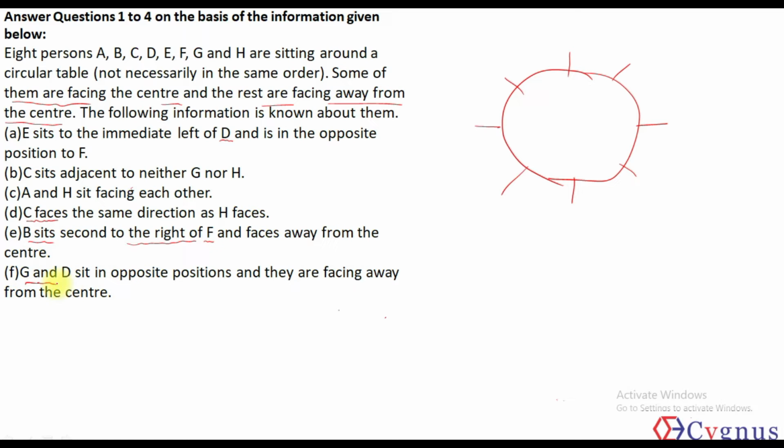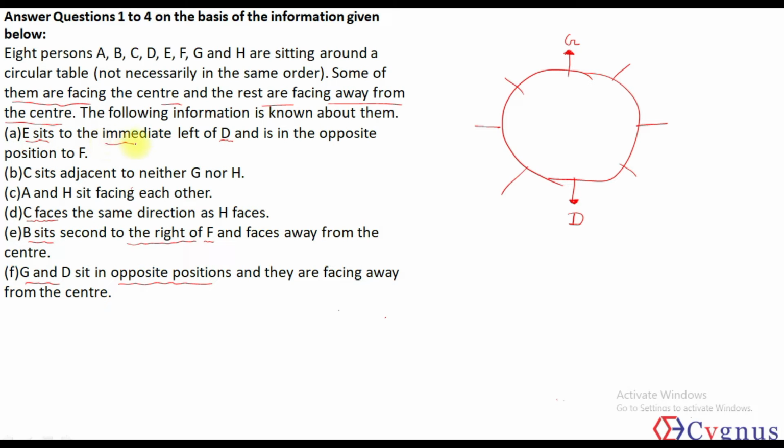Fine. G and D sit in the opposite direction. So let's assume that this is D and this is G for me. They sit in the opposite positions and they are facing away from the center. This would be the direction of their facing. Fine. So I can use this clue. One more clue is given. Look at this one.